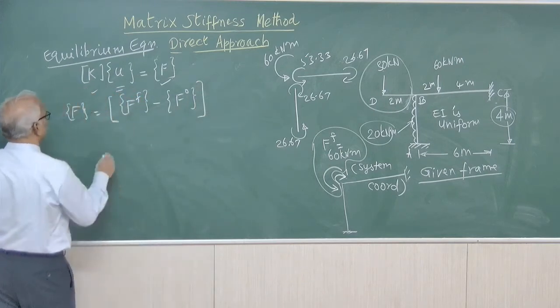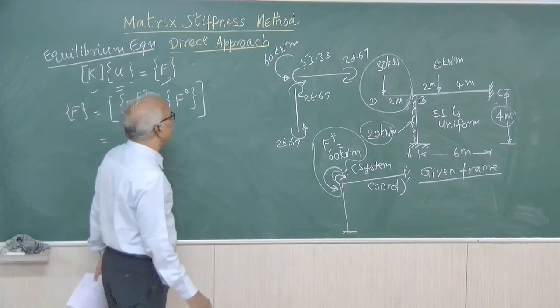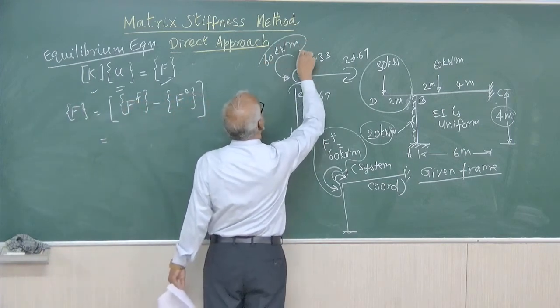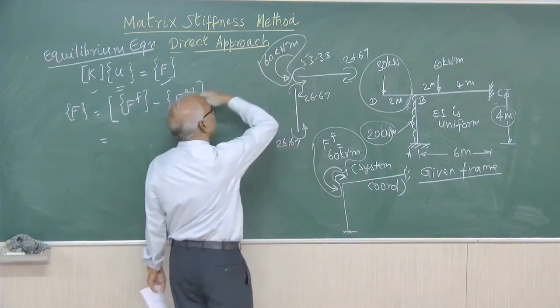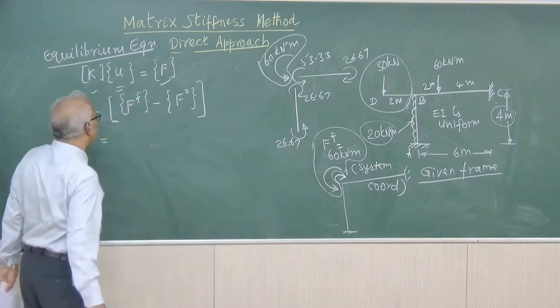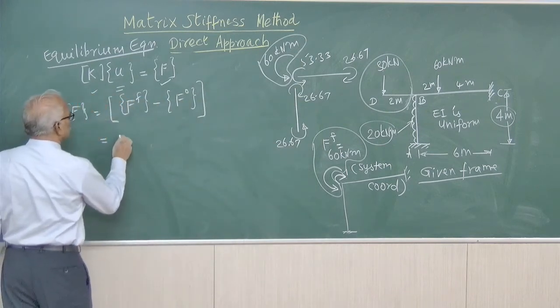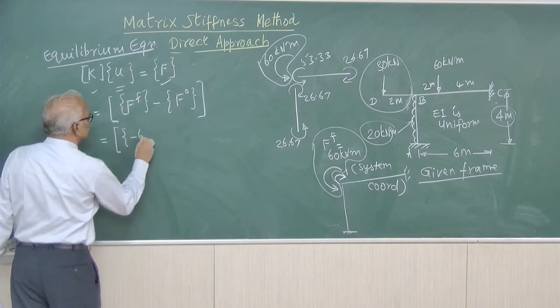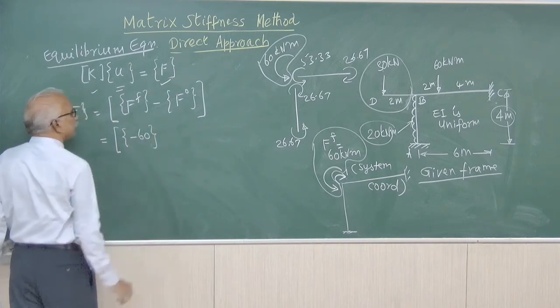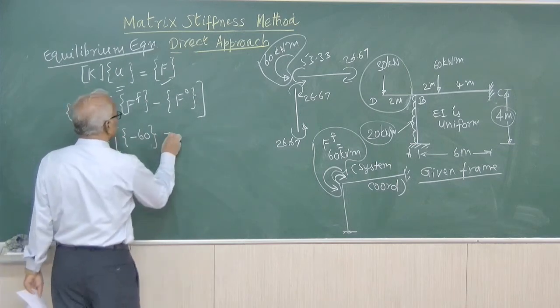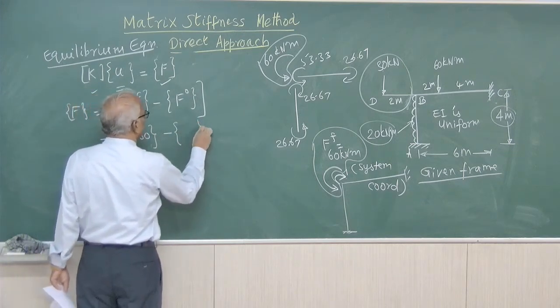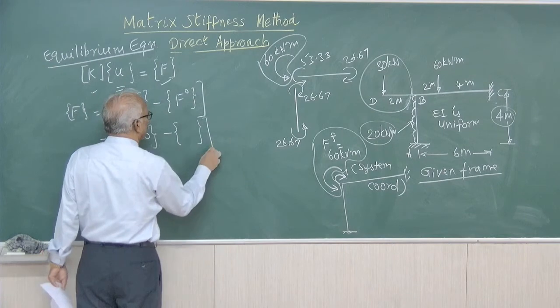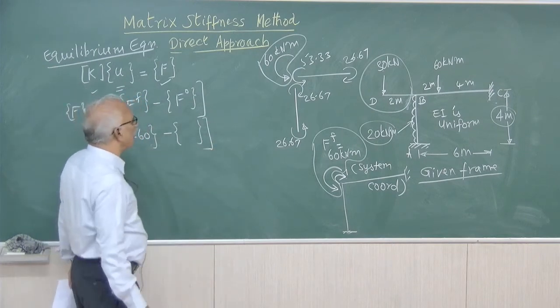F of F, since we have a cantilevering portion, F of F equal to 60. This we have to account for separately. F of F is equal to minus 60.